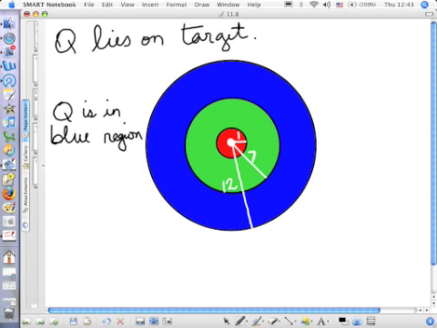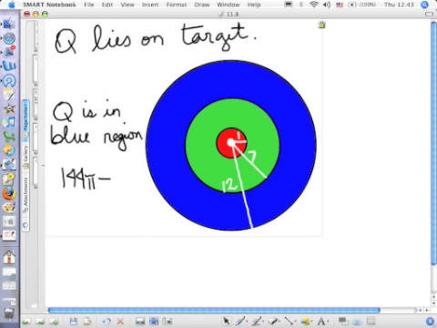Exactly. Okay, as Haley just said, we're going to find the area of this whole thing, which includes the green and the red. So that would be 144 pi. But I've got to remove this.